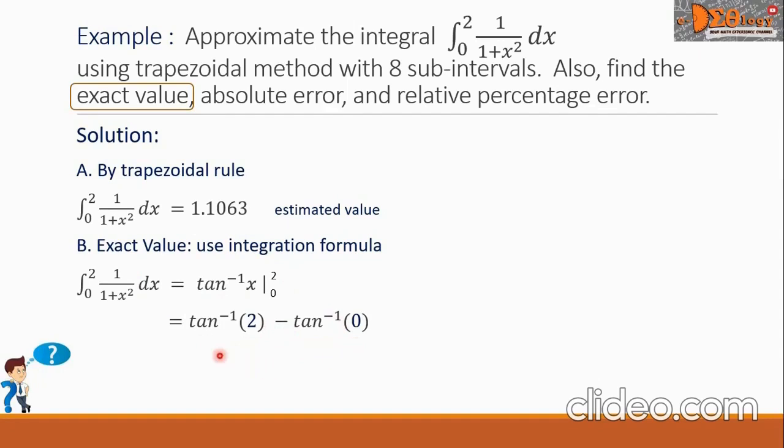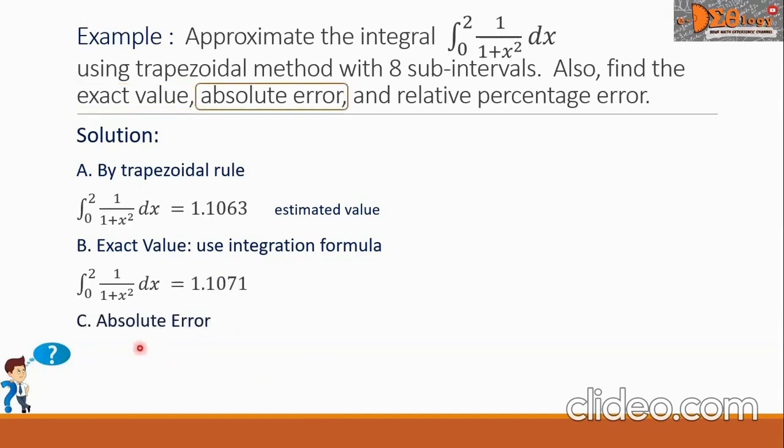We can use our calculator to find the corresponding values. But make sure that the calculator must be in radian mode. So the values are 1.1071 minus 0 respectively. And the final answer is 1.1071. We can write the answer in here.